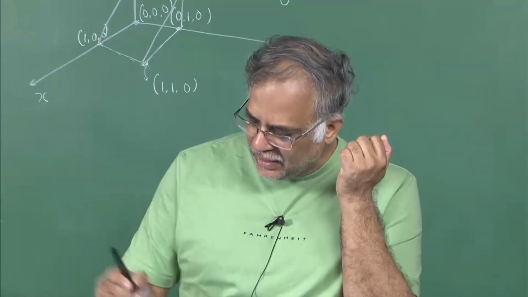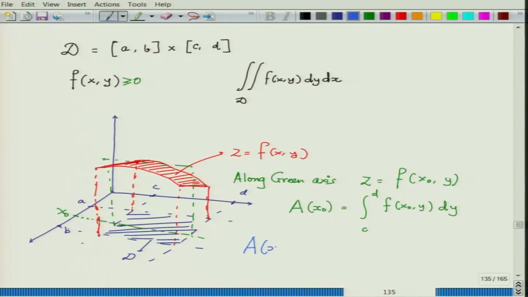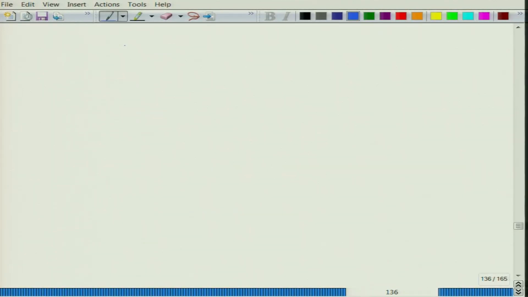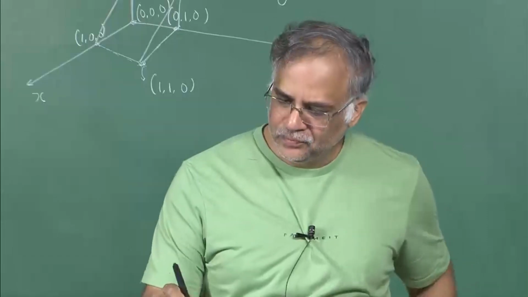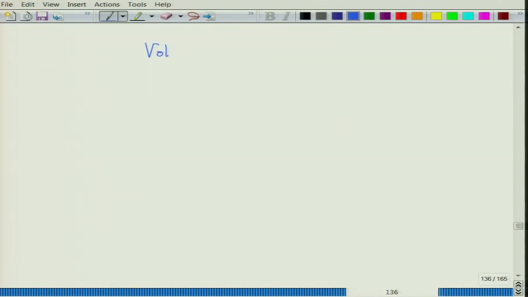So in general I should have A(x) should be the integral for a given x. So this finally becomes a function of x because I am integrating out y. So now my final volume, as I move from A to B in x, is integral A to B of A(x) dx.